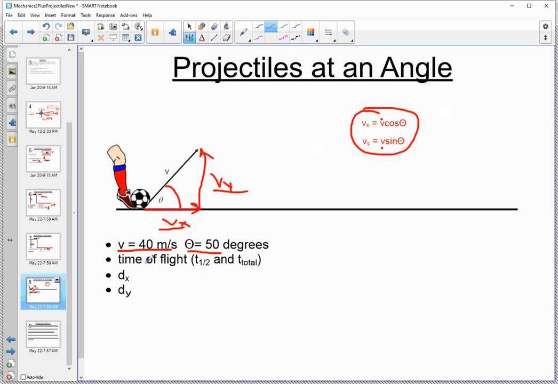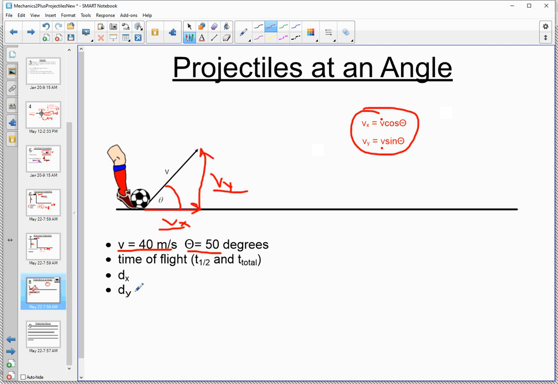And what do we find? The time of flight, and the time of flight is definitely found using the y direction, using one of your equations that has a t in it, equations 2 through 5. And just like before, dx will be vxt, and for dy you can use any equation that has a d in it for the y direction.